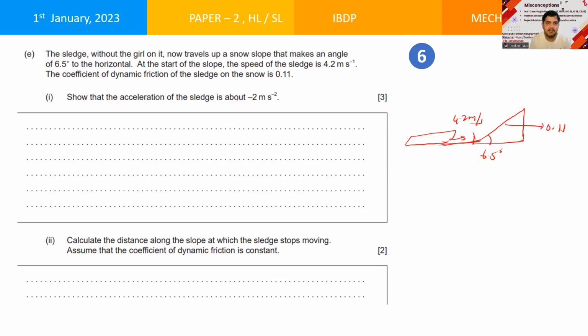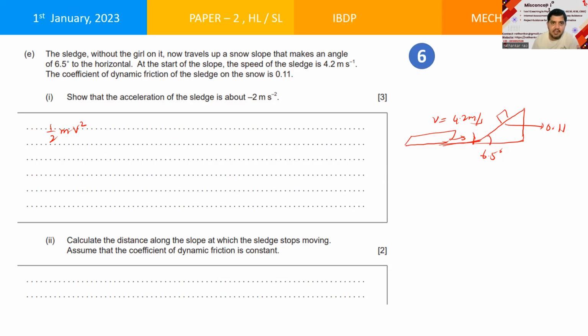Show that the acceleration of the sledge is about -2. Now how do we show this? So 4.2 meters per second. Here there is no friction at all. The moment it comes here, there is friction. So what should we do? When the particle is on the sledge, we have to show this. Now let us use total work done. Okay, so what is the energy here? The energy of the sledge is half mv squared, where v is equal to 4.2.